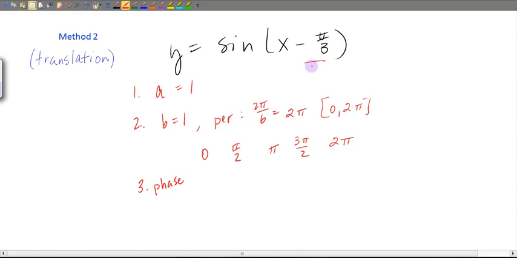The next thing we need to recognize is we have a phase shift. That's what this value is inside of here. That tells me that I'm going to be moving in the direction opposite of this symbol. So instead of subtracting pi over 3, I'm going to be adding pi over 3 to each of these interval values I just made up. So we're going to say plus pi over 3 to all 5 numbers.